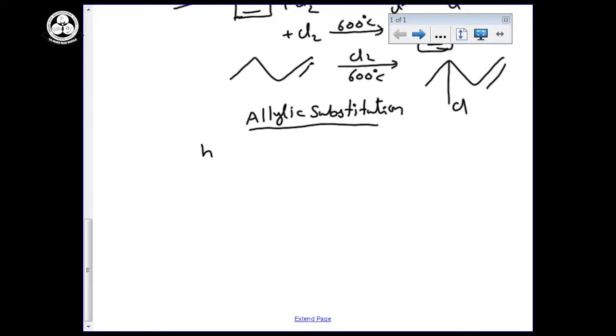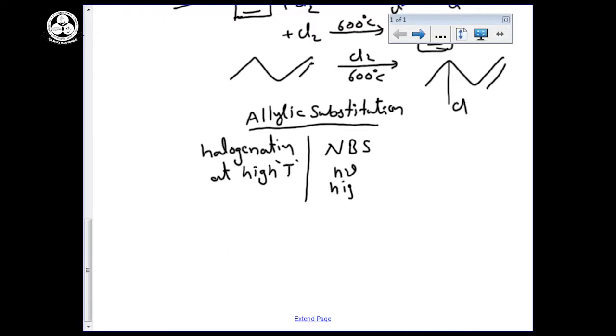One is halogenation at high temperature, that only we are discussing now. Another one is NBS, N-bromosuccinimide, in presence of sunlight or otherwise in presence of high temperature, like this. This is second one. And third one is SO2Cl2.